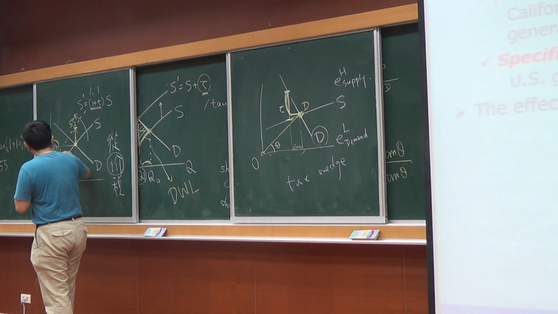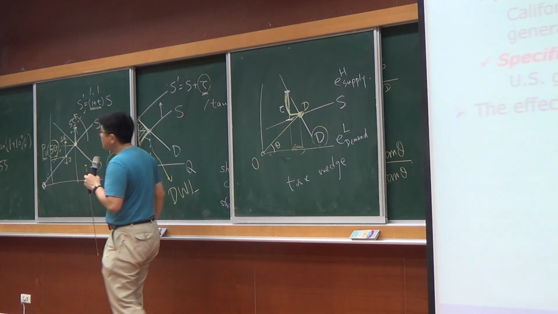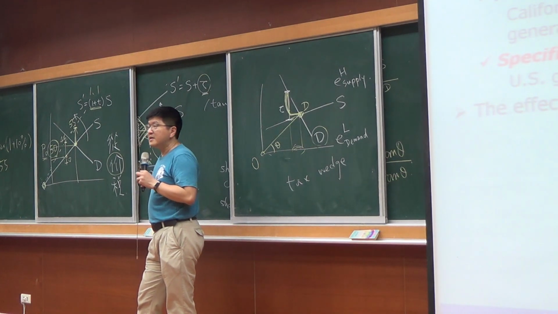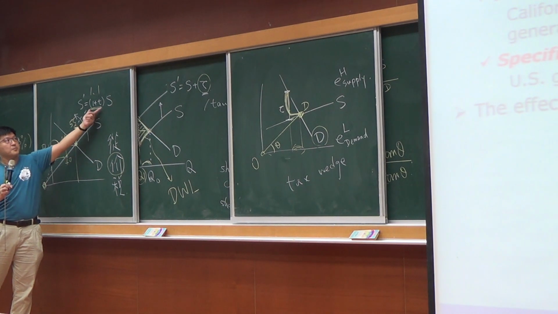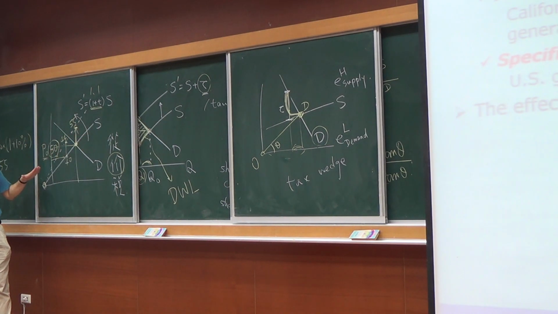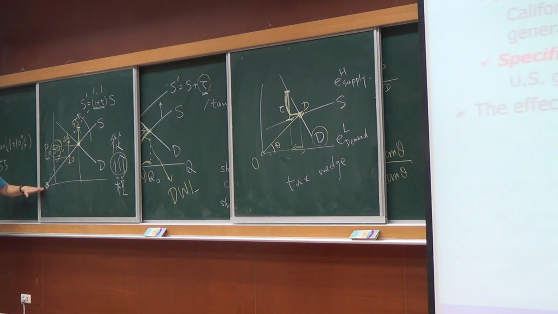If this is, say, 40, then this height would be 44. Is that clear? So since it's a proportional change, the supply curve multiplied by 1 plus T is a form of rotation. We just rotate the supply curve using this as the pivot because the height is 0 here, right? So we rotate. So this case is the ad valorem tax.